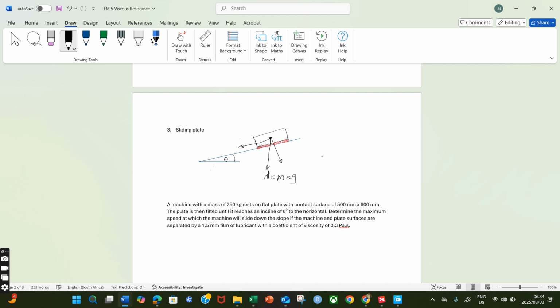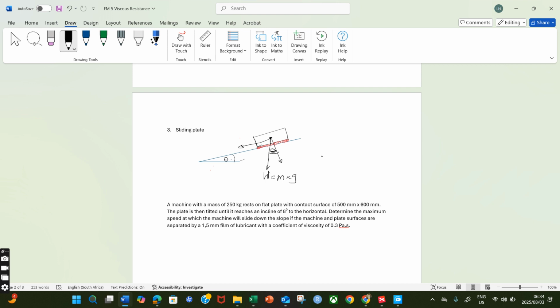From what you learned in Euclidean geometry, you know that the angle formed between the weight and its component that is at 90 degrees to the slope is the same as the angle formed between the slope and the horizontal.